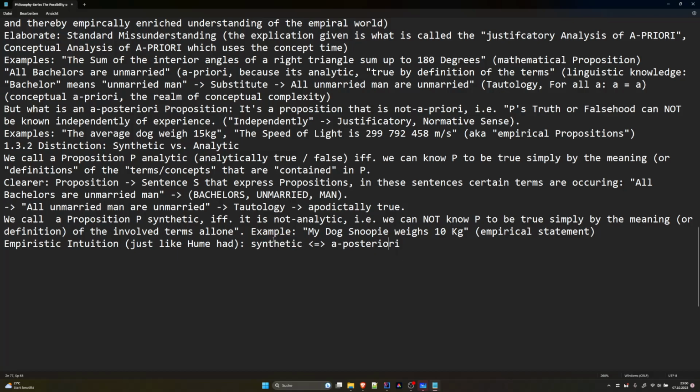A proposition. Therefore, if you think about it in a set theoretic way, if we would define the set of all synthetic propositions and the set of a posteriori propositions, they are coextensive, meaning they are picking out the same propositions.